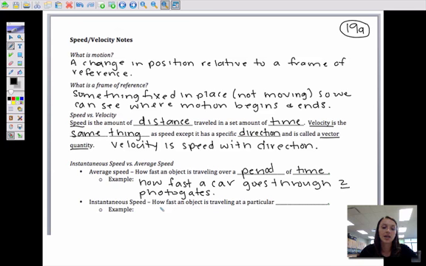Instantaneous speed, however, is how fast an object is traveling at a particular moment. So for example, using the car and ramp setup, it's how fast a car goes through 1 photo gate.